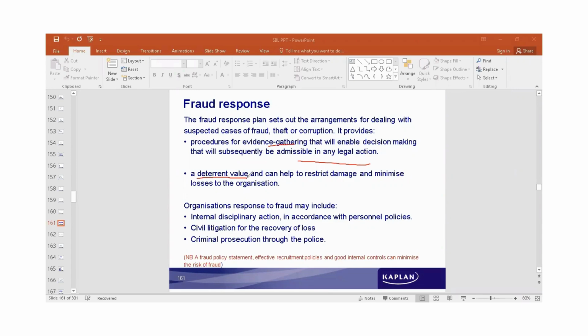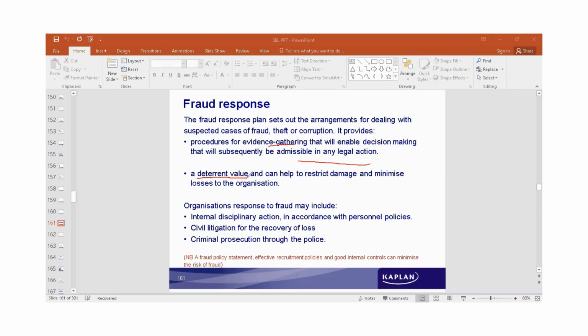But once it is detected, if the management's response is about fraud deterrence, ensuring that they take legal action, that will prevent such a thing from happening. So they include into their internal control system the procedure of how to deal with a situation where fraud was detected. A deterrent value can help to restrict damage and minimize losses to the organization.